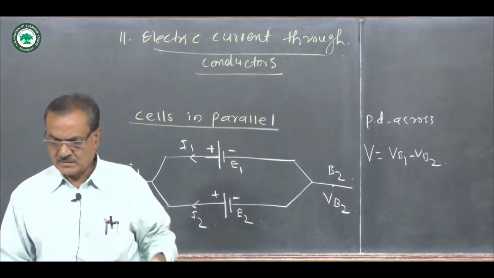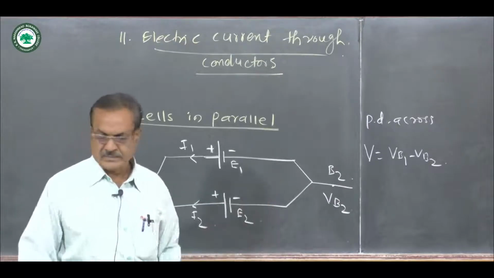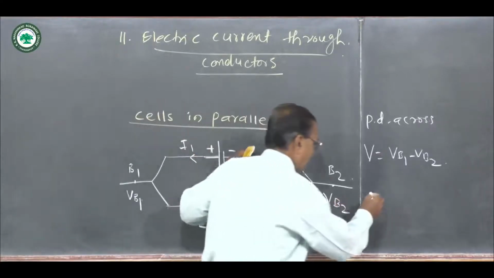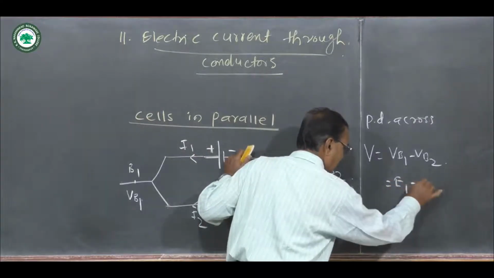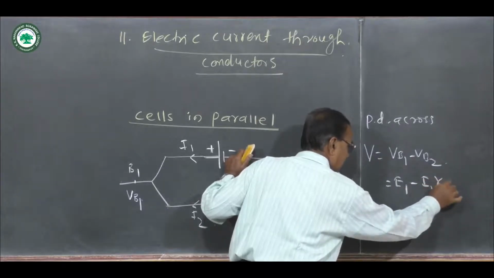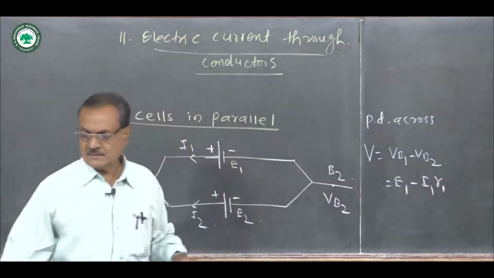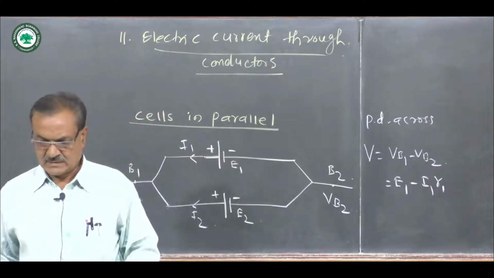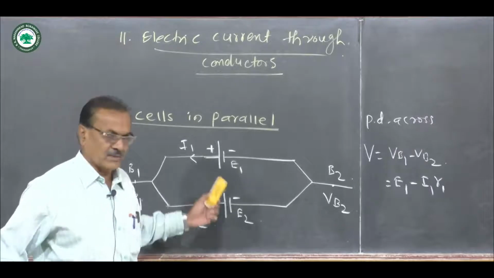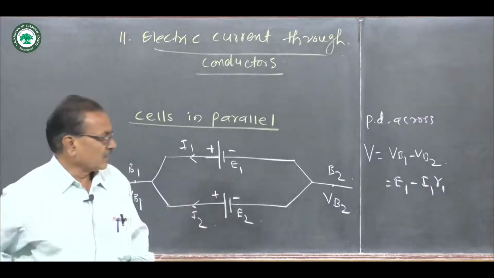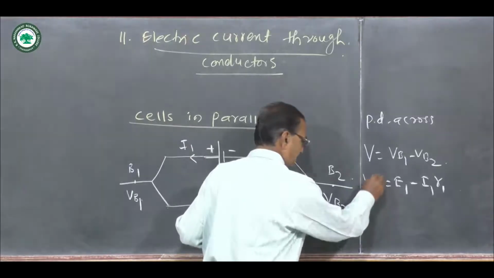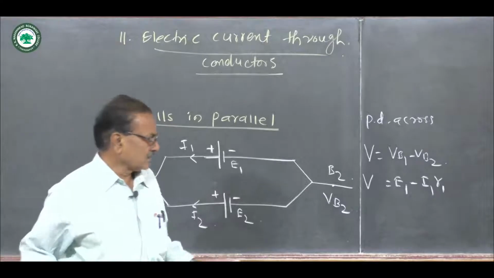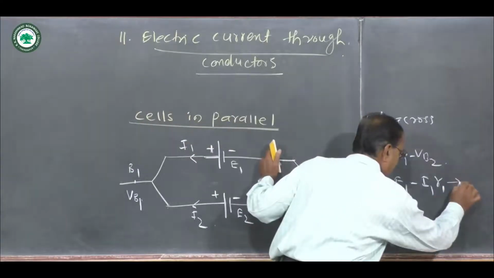So here we can write V equals E1 minus I1 R1, where R1 is the internal resistance of cell E1. So the potential V equals E1 minus I1 R1. Suppose this is equation number 1.